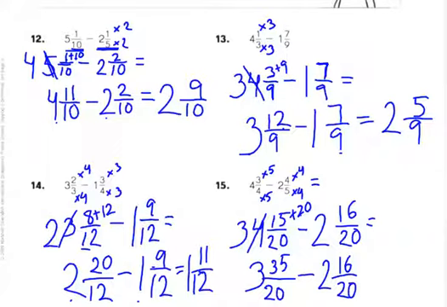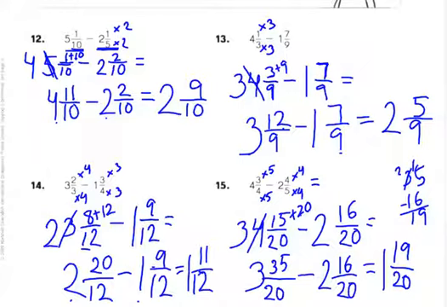Okay? That equals 3 minus 2 is 1. And if you need to do the 35 minus 16 on a calculator or over here, you can do that. 15 minus 6 is 9. 2 minus 1 is 1. So you should have 2 and 19/20.